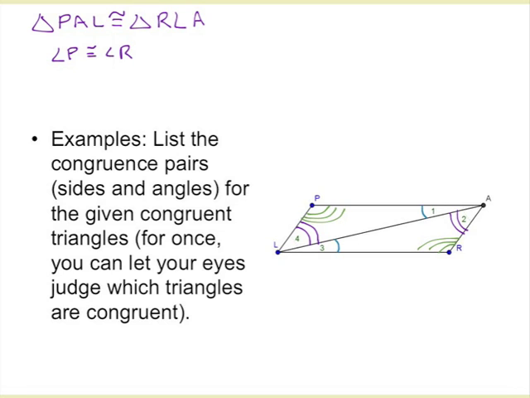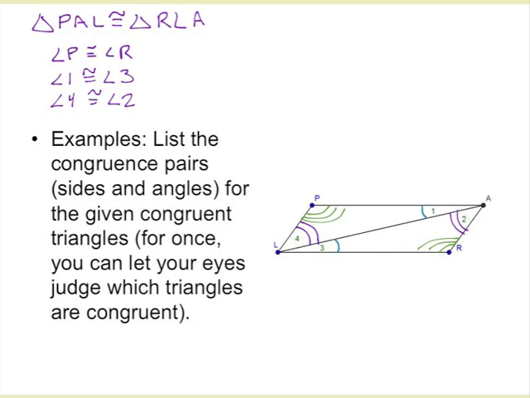You could use 3-letter names. It is easier to just use numbers, and that'll make it easier when we grade our homework if everybody's doing the same thing there. So I'm going to use number names. So angle 1 is the same size as angle 3, and angle 4 is the same size as angle 2. Okay. You could use 3-letter names on those and call them like PLA, but it's probably easier to just grab the numbers.